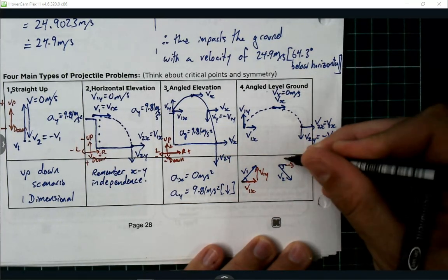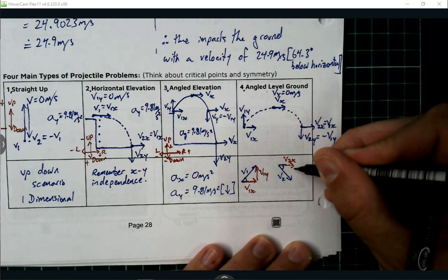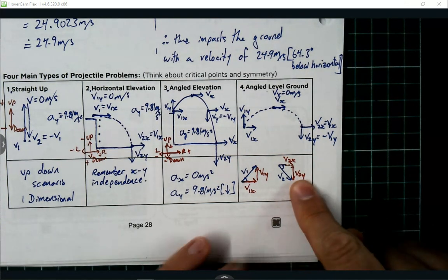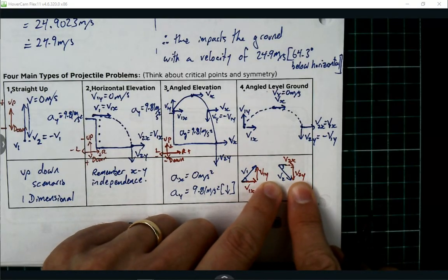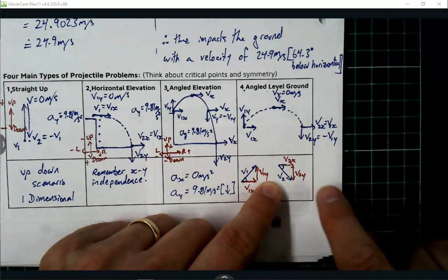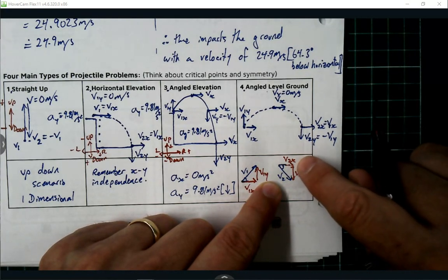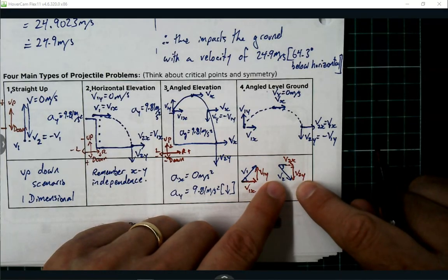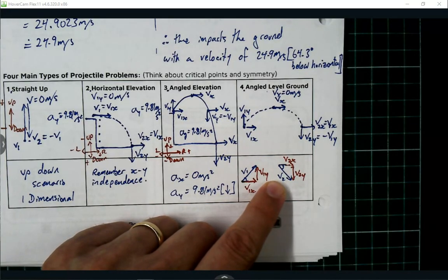And we've got to take that V2x and that V2y and use those components to rebuild the final hypotenuse, right? So whether it's through Pythagorean theorem or through SOHCAHTOA, we're going to use trig ratios and Pythagorean theorem to take that final x component, that final y component, to figure out what the V2 value is, and then use trig ratios to figure out the impact velocity.